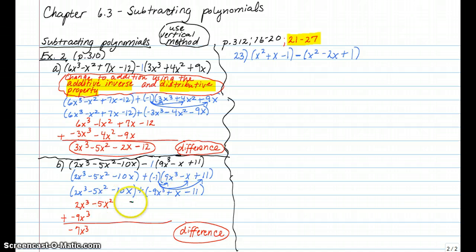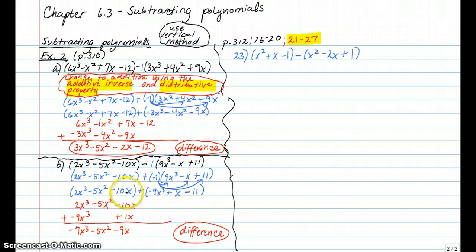Oh, excuse me, that does not go together with plus x. There is nothing in the second expression that goes with minus 5x squared, so we just bring it down. And then we go to our next term, which is minus 10x right here. And over here we have plus x, or plus 1x. Negative 10x and positive 1x is minus 9x.